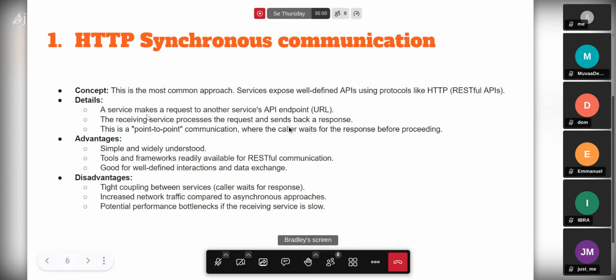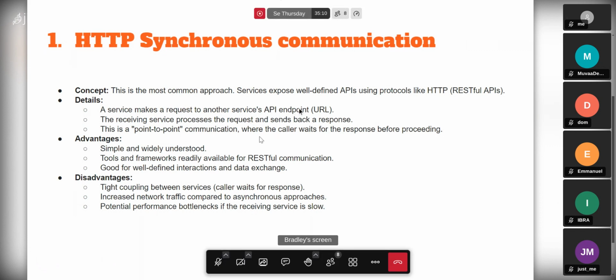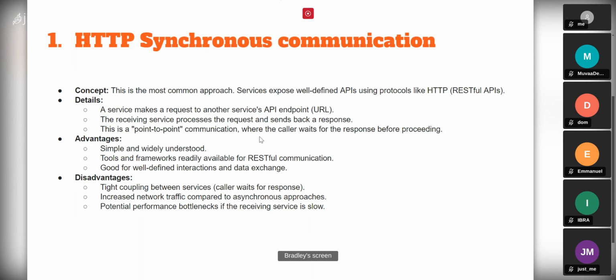Okay, so it is a point-to-point communication where the caller waits for the response before proceeding. So that's where this synchronous pattern comes in, so that it is blocking you to wait until the information is received from another microservice. So what happens when the microservice is down?